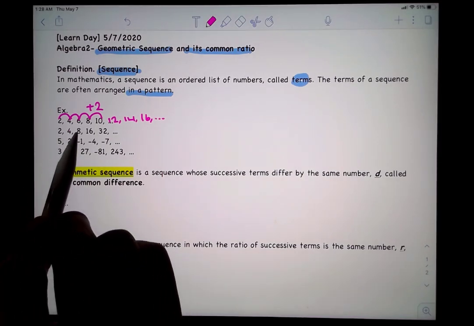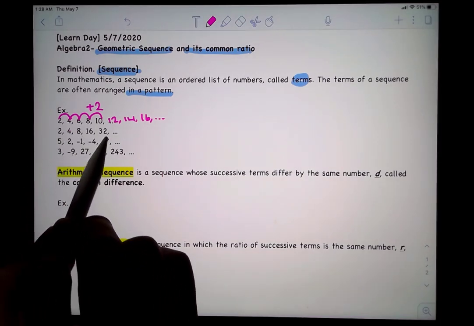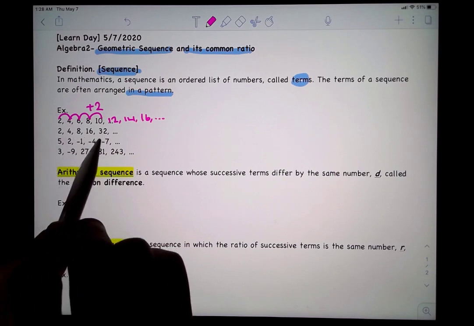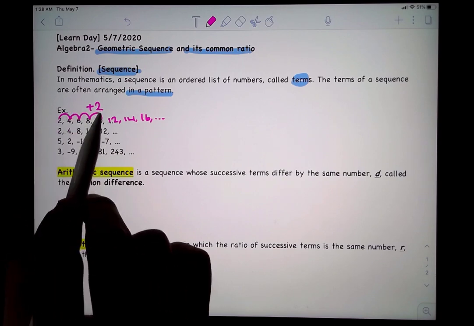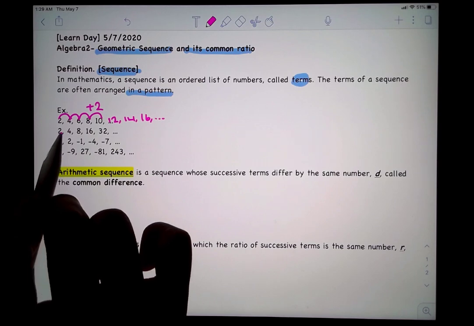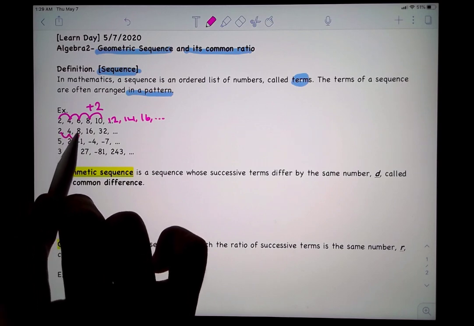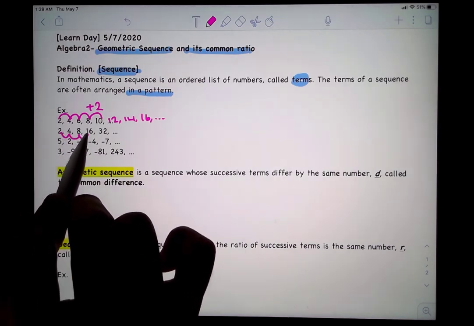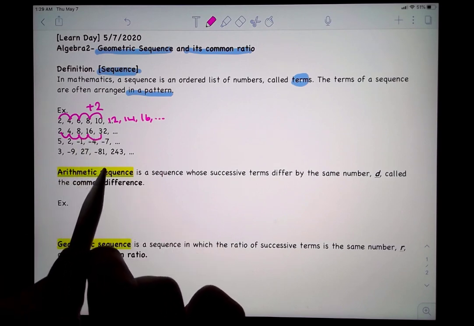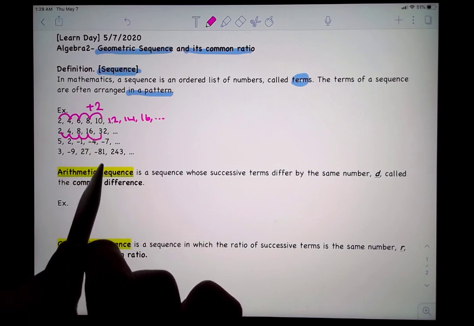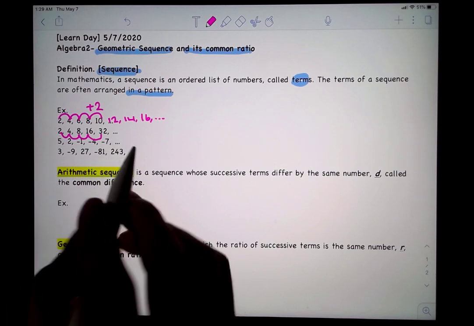So we have this kind of sequence, and then what about this? 2, 4, 8, 16, 32. There's a pattern, but it's not adding 2. This is 2 to 4, 4 to 8, 8 to 16, 16 to 32. Do you see the pattern? It's multiplied by 2, right?